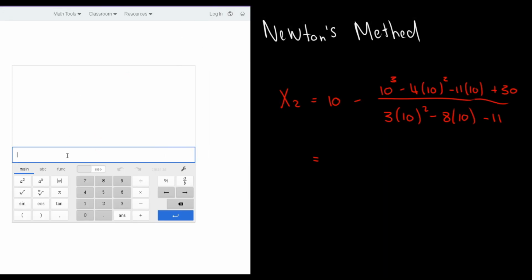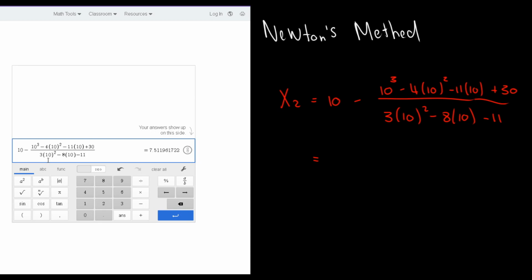So what was that function? It would be better if you have a calculator. So it's going to be 10 minus, 10 cubed minus 4 times 10 squared minus 11 times 10 plus 30, over 3 times 10 squared minus 8 times 10 minus 11.